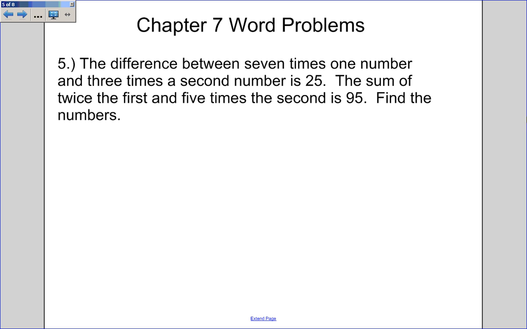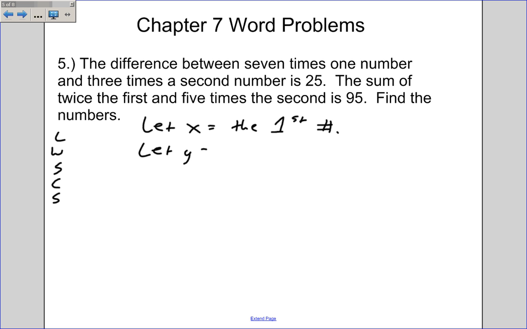All right. Let, write, solve, check, sentence. We just have a first number and a second number. So I'm just going to say let x equal the first number and let y equal the second number.